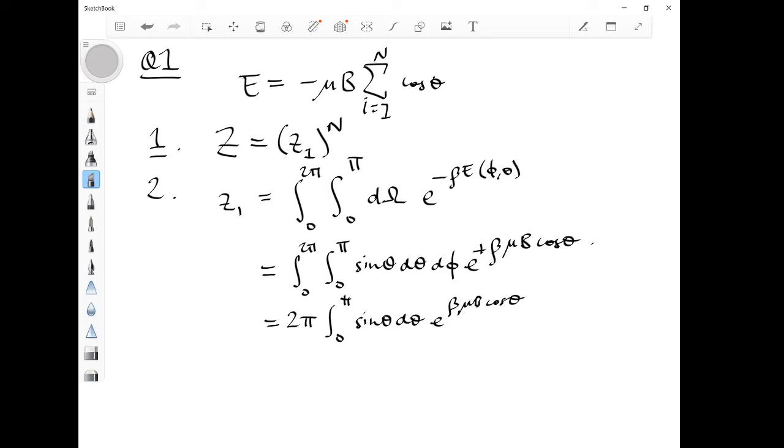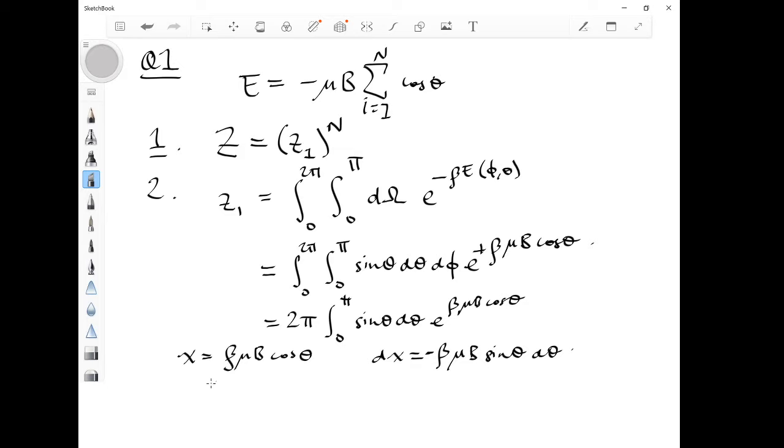Now, what we can do is a change of variables, where x is equal to beta mu b cos theta, and we get dx is equal to beta mu b times minus sine theta d theta.